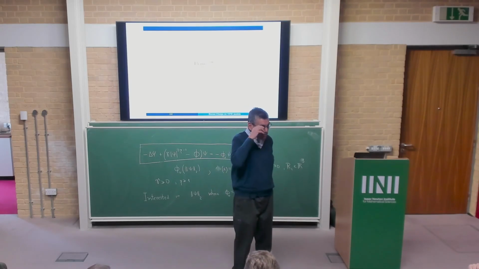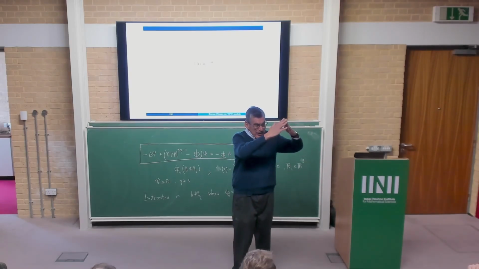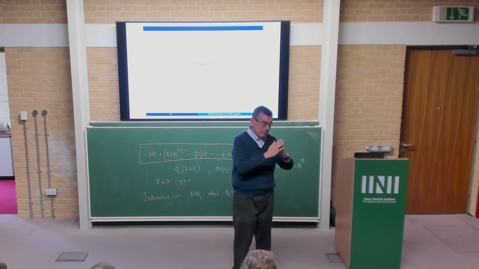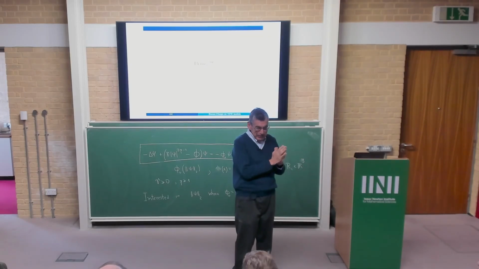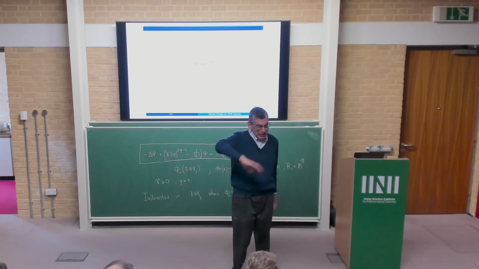For the Schrödinger equation, the solutions satisfy the Kato cusp condition, so they have a singularity, but the singularity is very mild. There is a cusp. The solution of the Thomas-Fermi equation has really two big problems in its behavior.